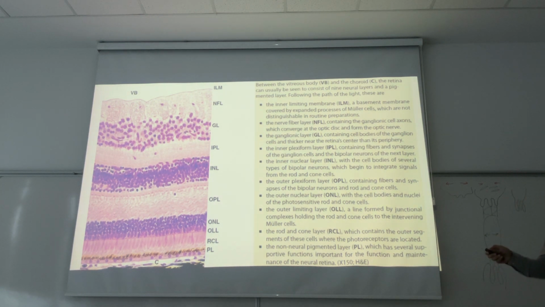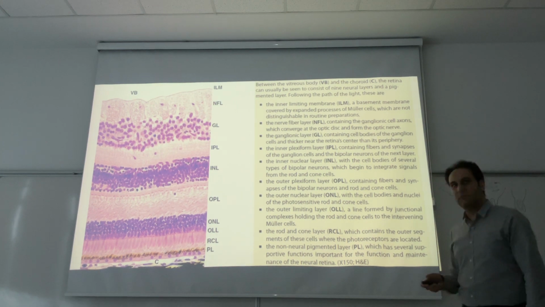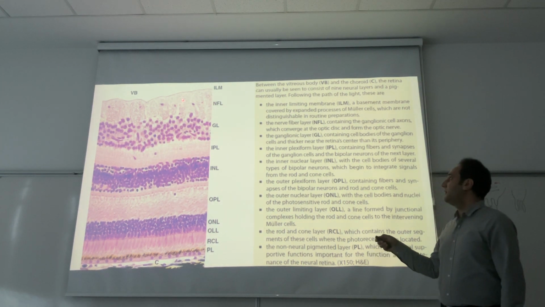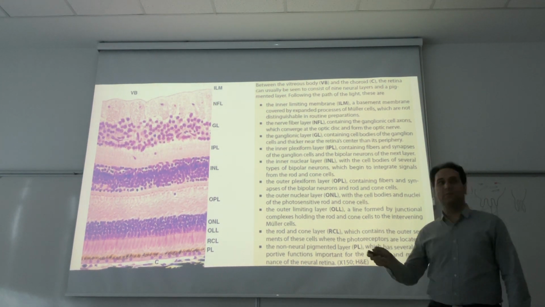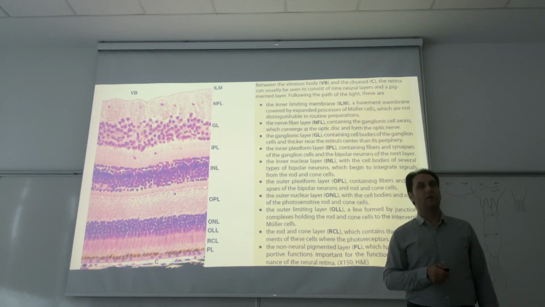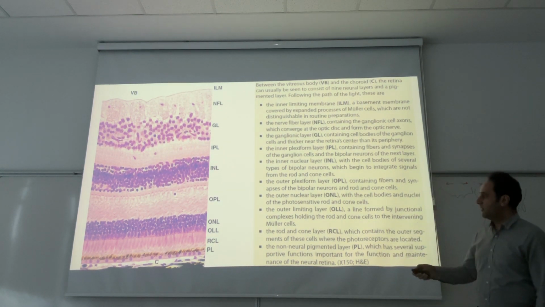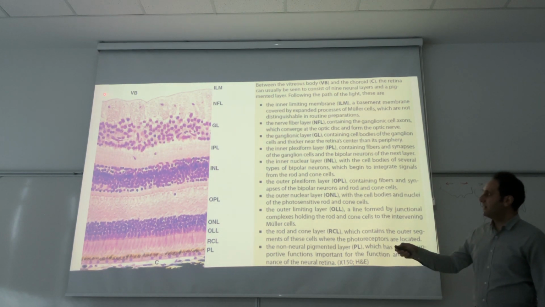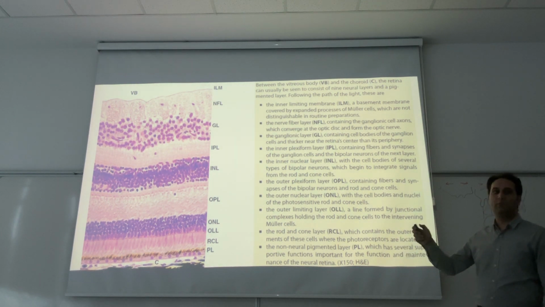In the nerve fiber layer, we have axons of these ganglion cells. Axons of ganglion cells present here, and in the innermost side, we have the inner limiting membrane.